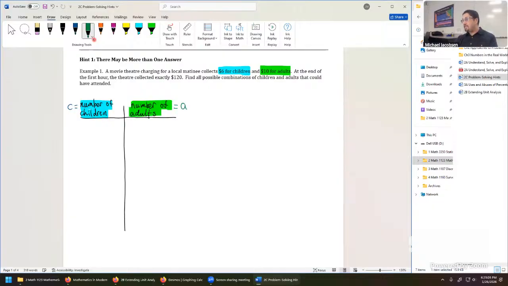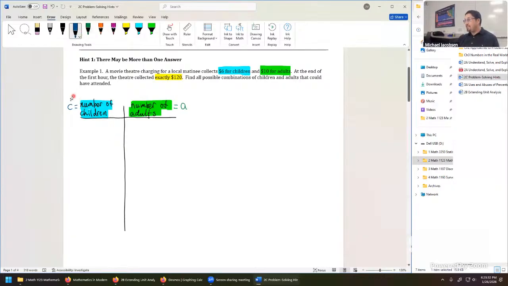C for children, A is going to be the number of adults. And now we're trying to get to this dollar amount. Aside from the price of the tickets, the only other thing we know is they collected exactly $120. So we can see how these quantities make up that $120 so that we can start filling out the possibilities in an organized, logical way.